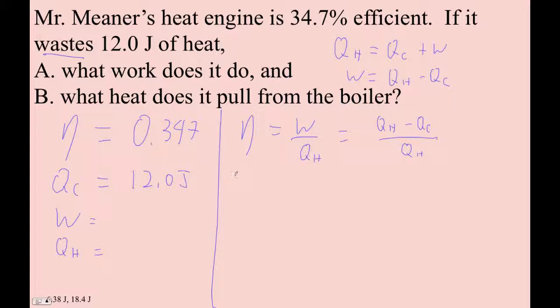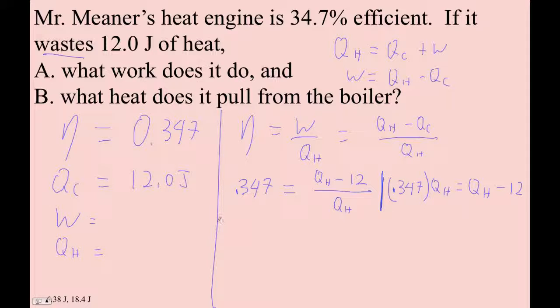Okay, so now I can set this thing up. 0.347 is equal to QH, which we don't know, right, minus QC, which is 12, over QH, right? Next step is 0.347 QH equals QH minus 12, right?